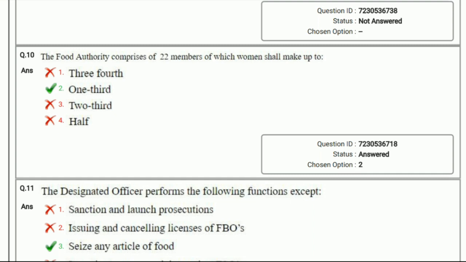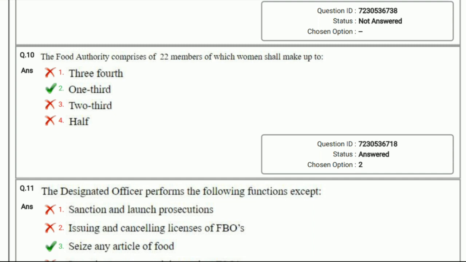If we talk about the categories of members, 7 members are directly appointed by the central government, 2 members are representatives from food industries, 2 members are representatives from consumer organizations, 3 members are eminent food technologists and scientists, 5 members are to be appointed by rotation after every 3 years, 2 members are from farmers' organizations, and 1 member is from retailers' organizations. So this is the total organization of the FSSAI authority.